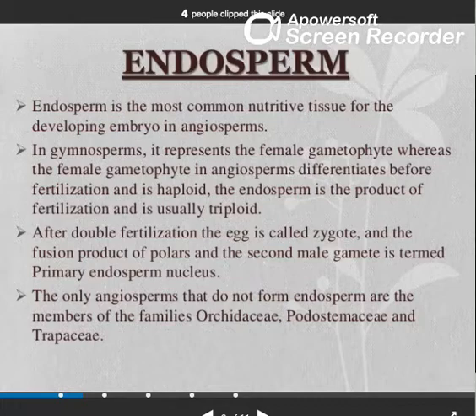The first male gamete will fuse with the egg, which is going to form the zygote. And the second male gamete will fuse with the polar nuclei to give rise to the PEN. Remember, PEN stands for primary endosperm nucleus.